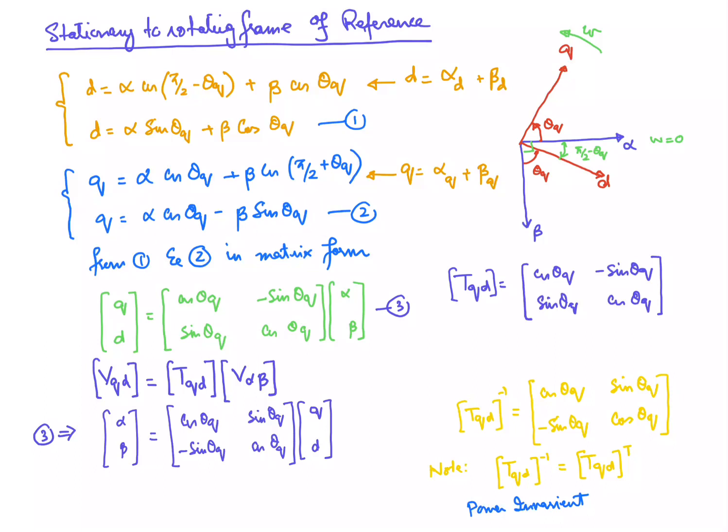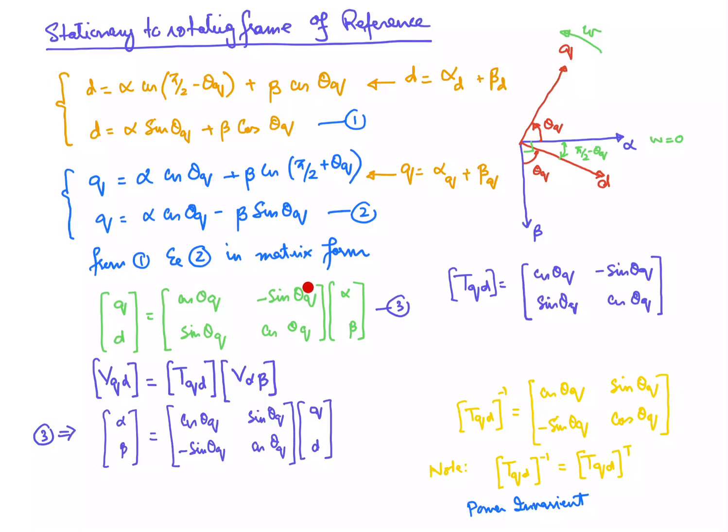So using equation 1 and 2, we can write down this matrix, that is giving us the information that if alpha beta components are multiplied with this, you will get the q and d components. So we call it the transformation matrix. Definitely this will change depending upon the orientation of the alpha beta axis and the dq axis at a certain instant of time.